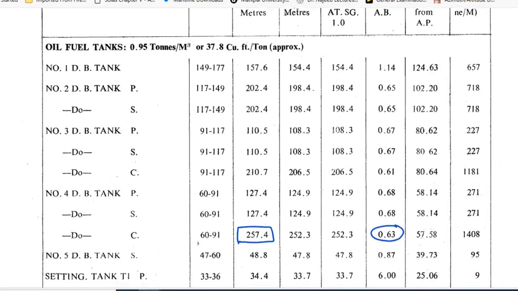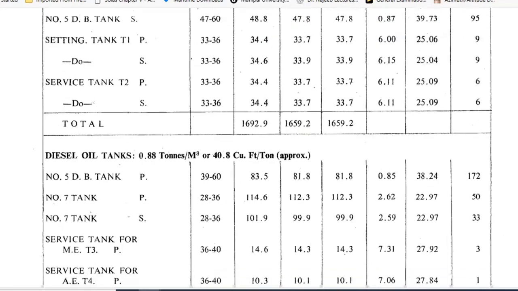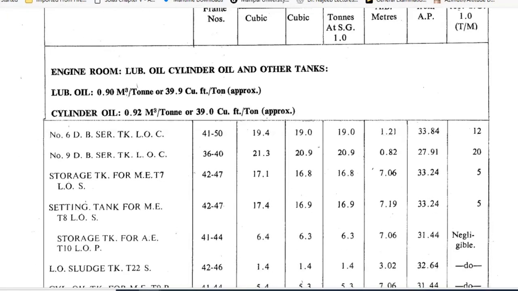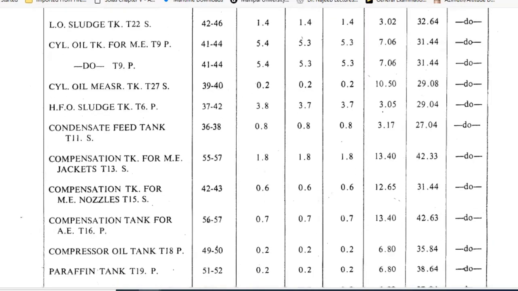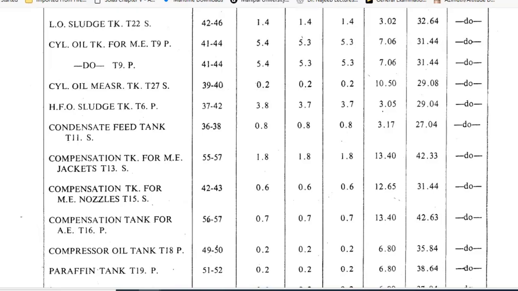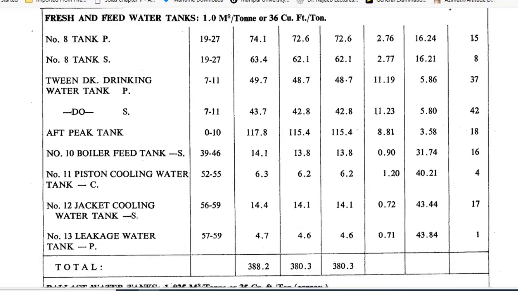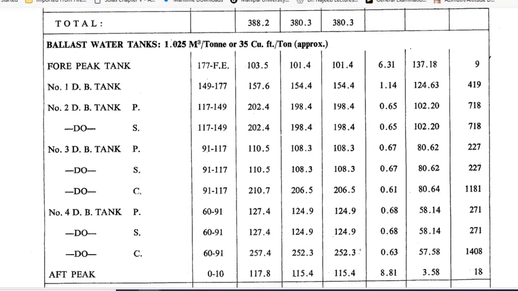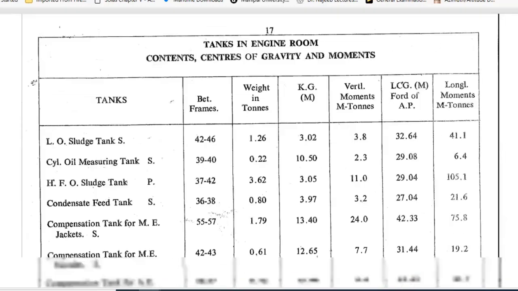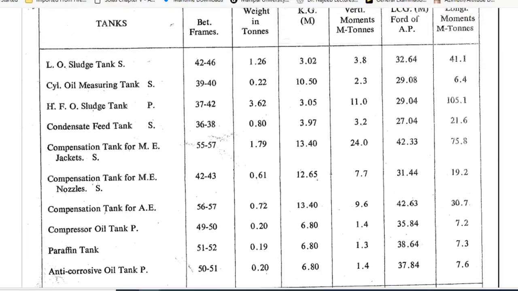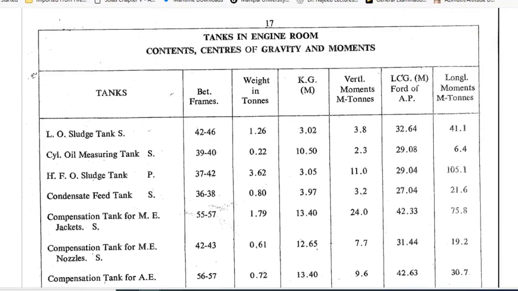Domestic diesel oil tank. Engine room. And these are the tank capacities. Ballast water tank. Fit in tons.